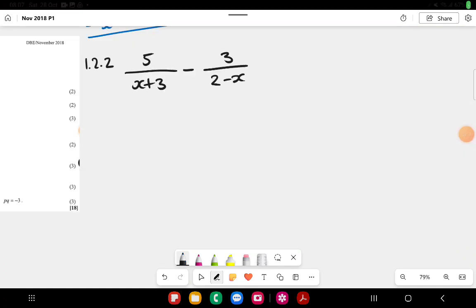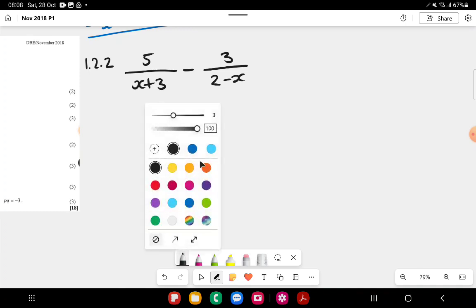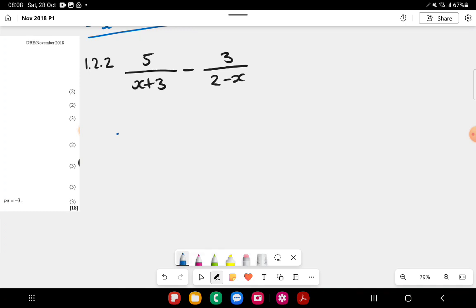All right, in this question, we have a fraction, 5 over x plus 3, all of that minus 3 over 2 minus x. Now, because we have fractions, we want to get the lowest common denominator. I am going to say that the lowest common denominator is going to be a combination of both, right? It's going to be x plus 3 multiplied by 2 minus x.